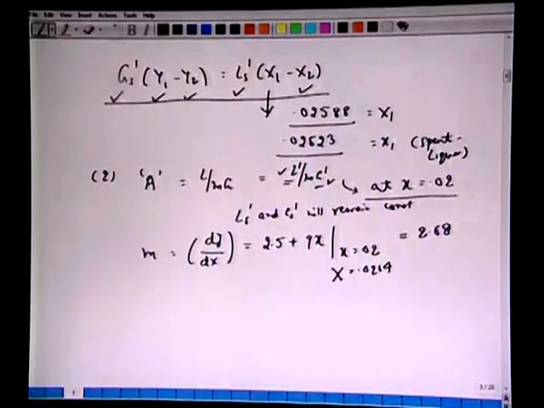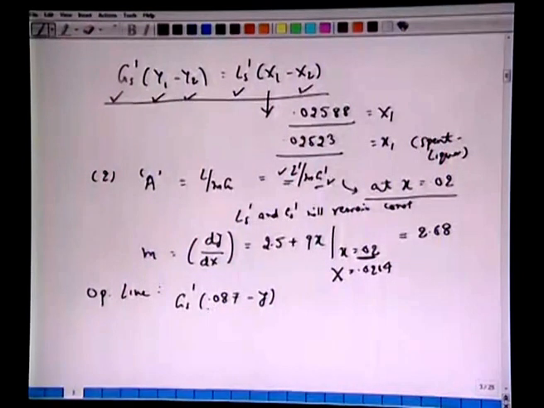Right. So, now we have to get L and G. For this we require Y. What is the mole fraction corresponding to this 0.02? We make use of the operating line equation again. We have GS prime (0.087 minus Y). So, this is Y2 here, or this is Y1 actually.